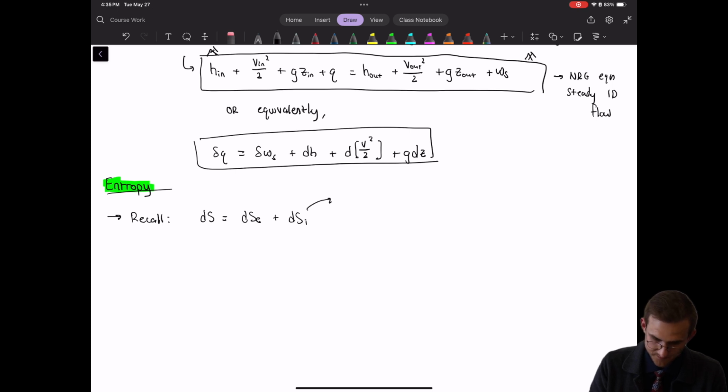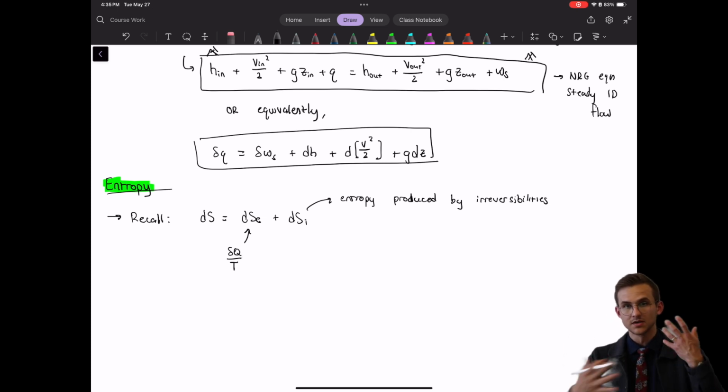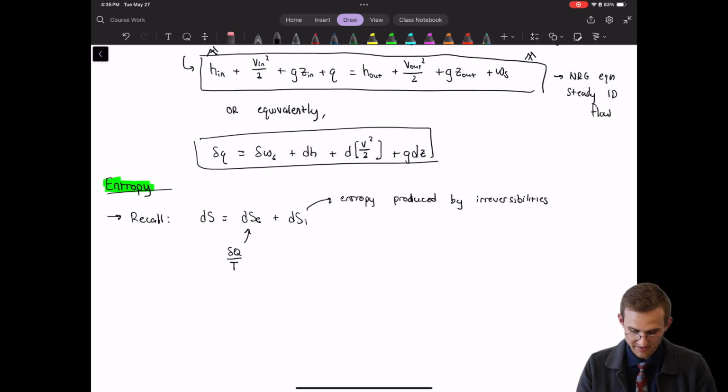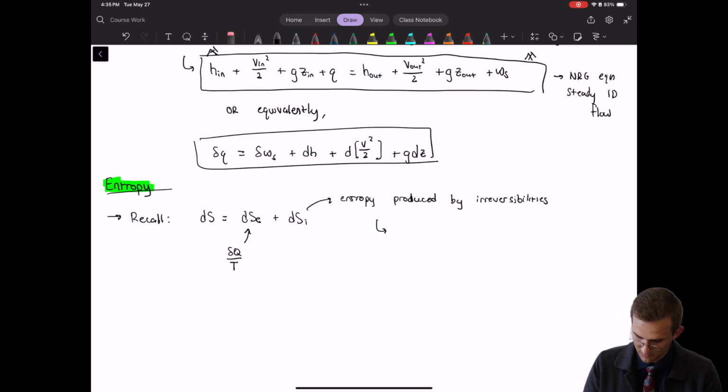So this is entropy produced by irreversibilities. And this other bit is the same as delta Q over T, the path independent part that Clausius defined.